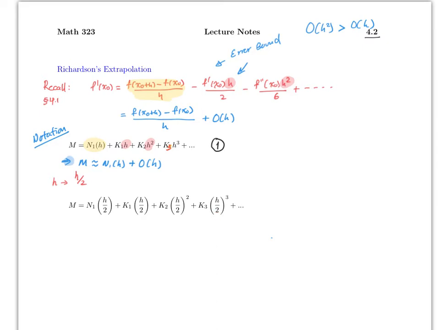So therefore, from here, this implies that M is equal to M1 of h over 2 plus k1 times h over 2 plus k2 h squared over 4 plus k3 h cubed over 8 and so forth.